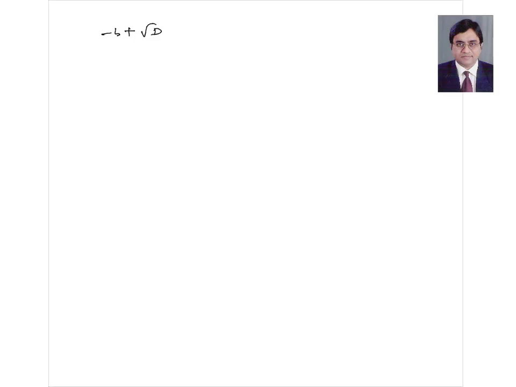In fact, I should just say something plus root d, something minus root d. Now, the denominator is same for both. This part is same for both. Let's fill up those blanks now.